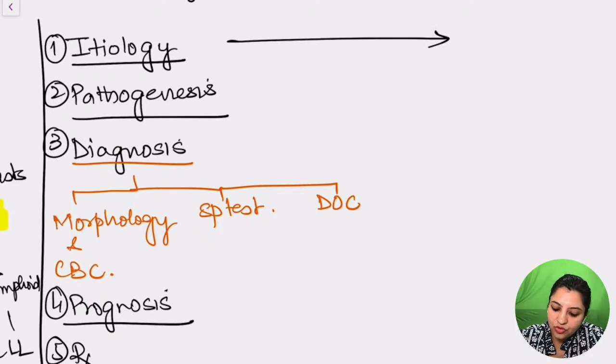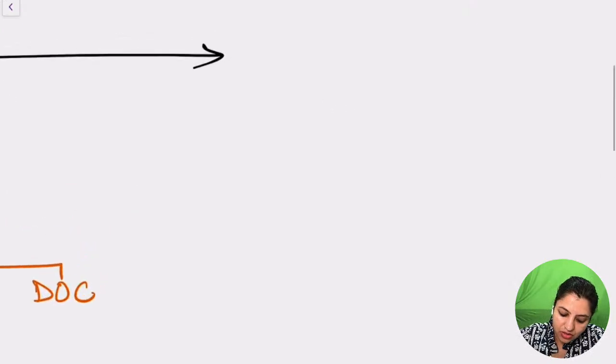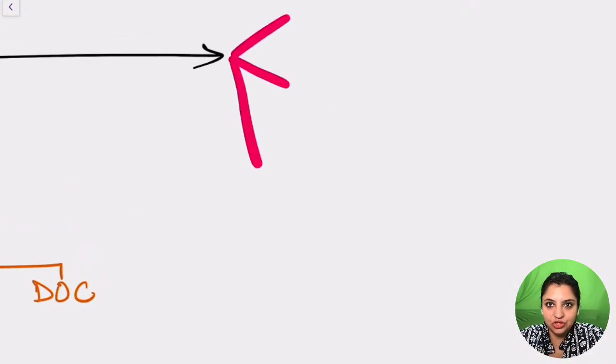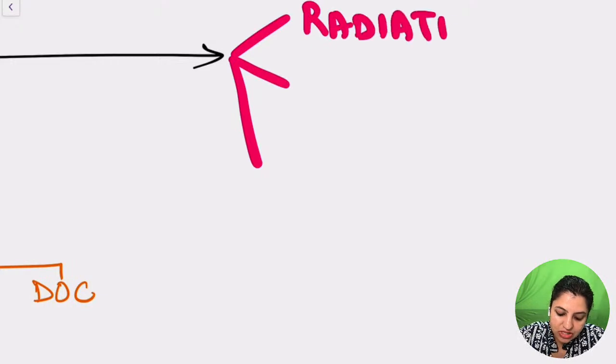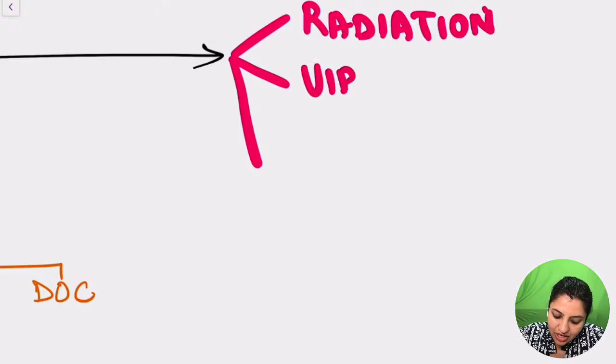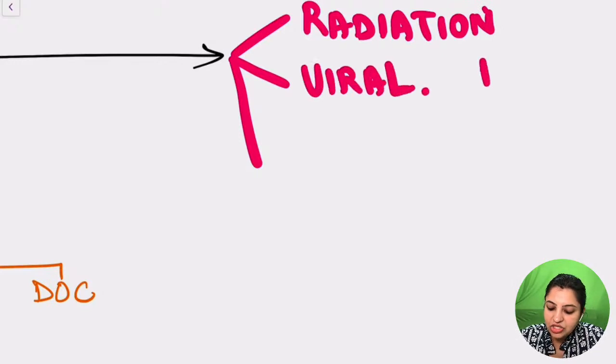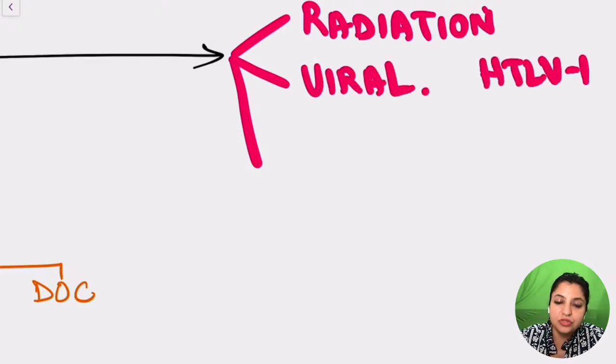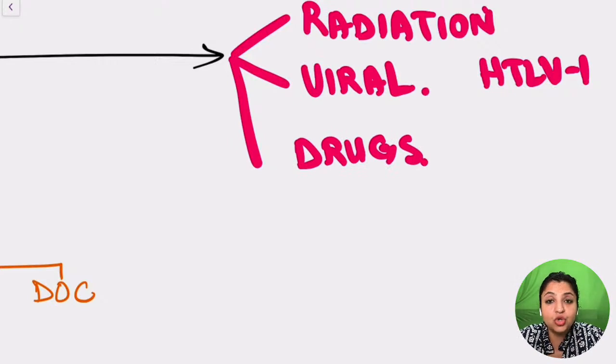You have to remember three etiologies, at least. One is radiation. Acute leukemias are very common after radiation, especially myeloids. Viral infections, especially HTLV1, can produce adult T cell leukemias. Drugs: alkylating agents and topoisomerase inhibitors themselves can cause cancer.